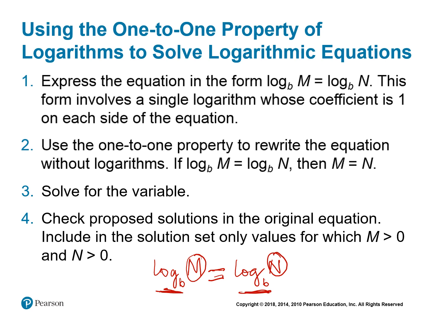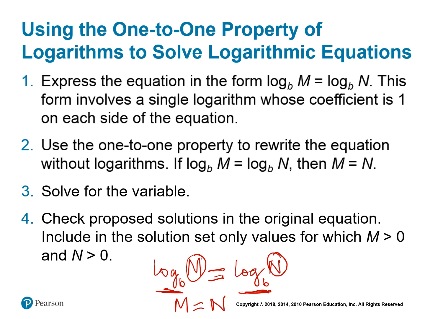All right, so in the next step, we can just rewrite m equals n, and if m and n are expressions with x in it, then we can solve for x. That's essentially in a nutshell, what the one-to-one property is about.